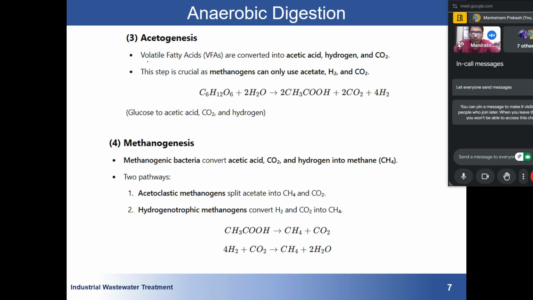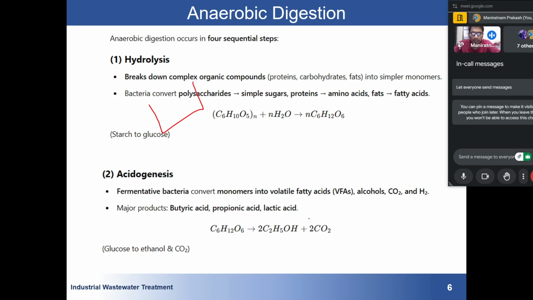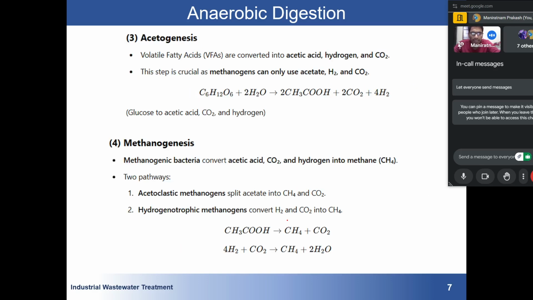Now we have acids, that is volatile fatty acids. The volatile fatty acid will be converted into acetic acid, hydrogen, and CO2. This step is crucial because methanogens only use acetate, H2, and CO2. So some methanogenesis bacteria are required in the anaerobic digester, and those bacteria only act on acetate.